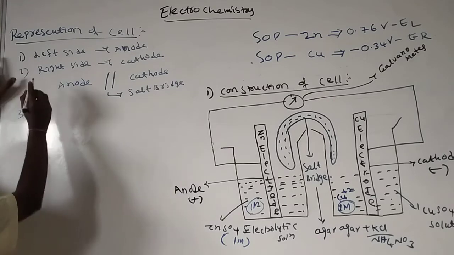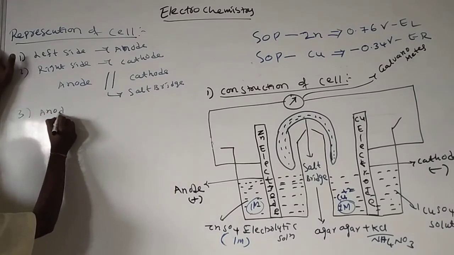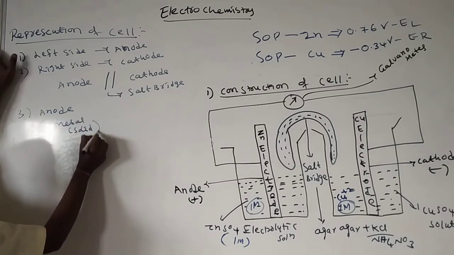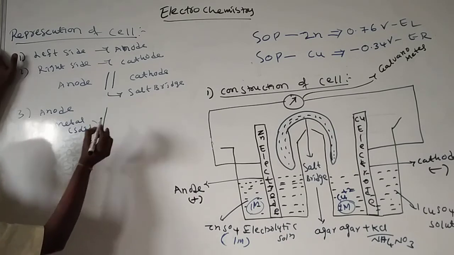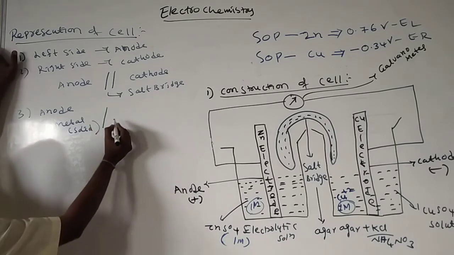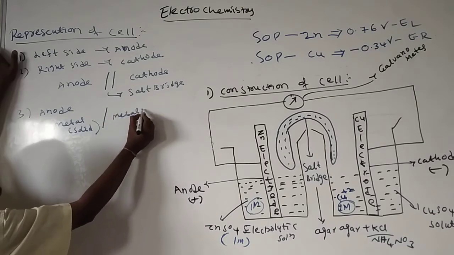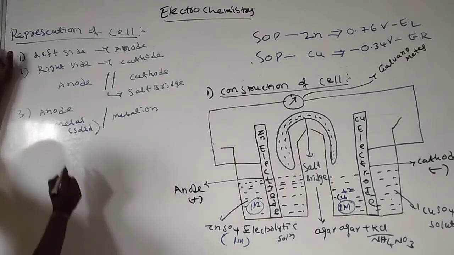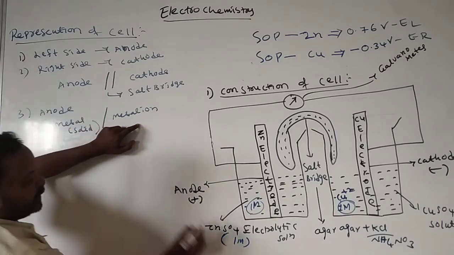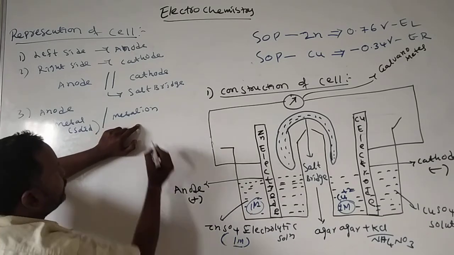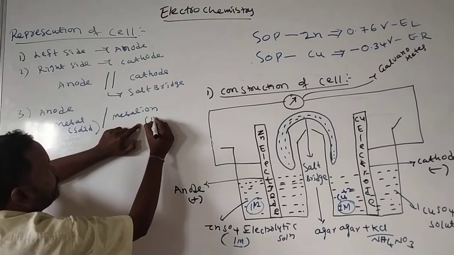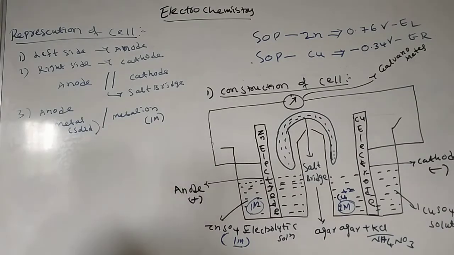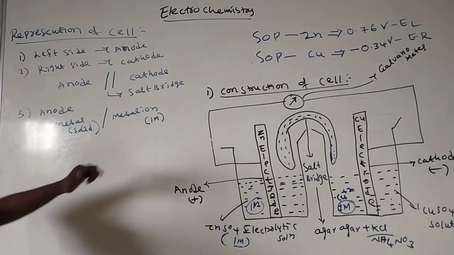Okay, while writing the anode, first write the metal, that means the solid part, then take one vertical line and write the metal ion. At the metal ion you write the concentration of the solution within brackets. Here 1M concentration is there; if it is normal, you write it as normal.